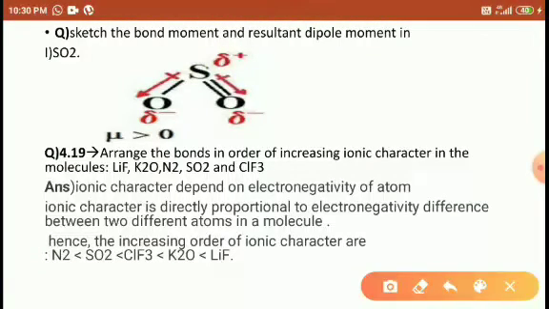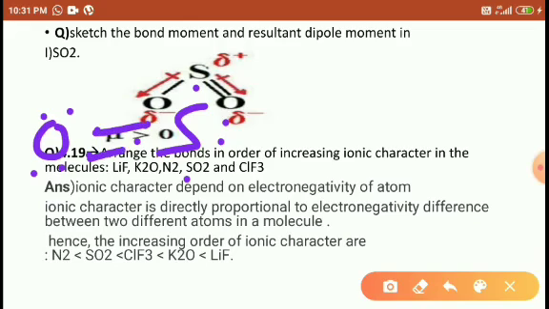Sketch the bond moments and the resultant dipole moment of SO2, with sulfur and oxygens. Sulfur has 6 outermost electrons, right? So oxygen shares a pair of electrons to form a double bond.